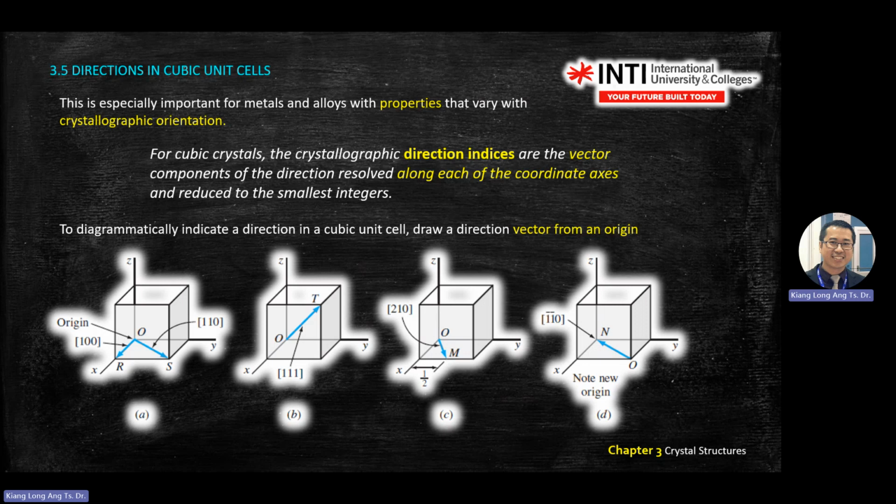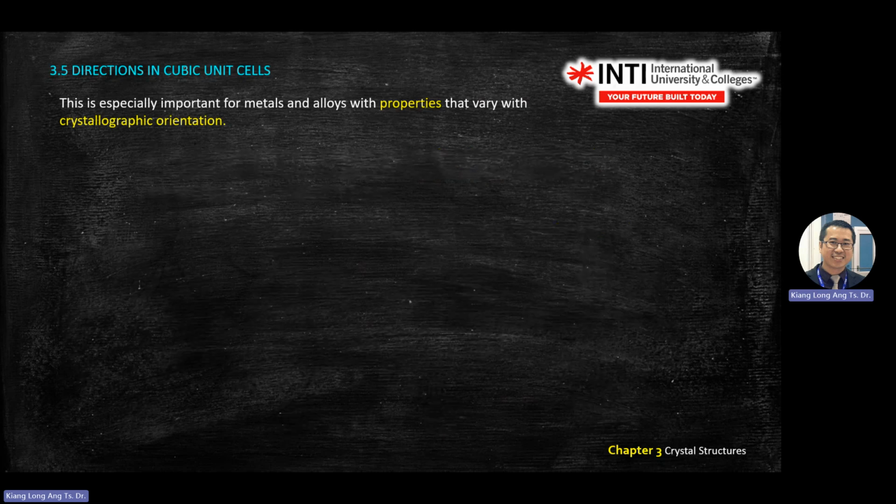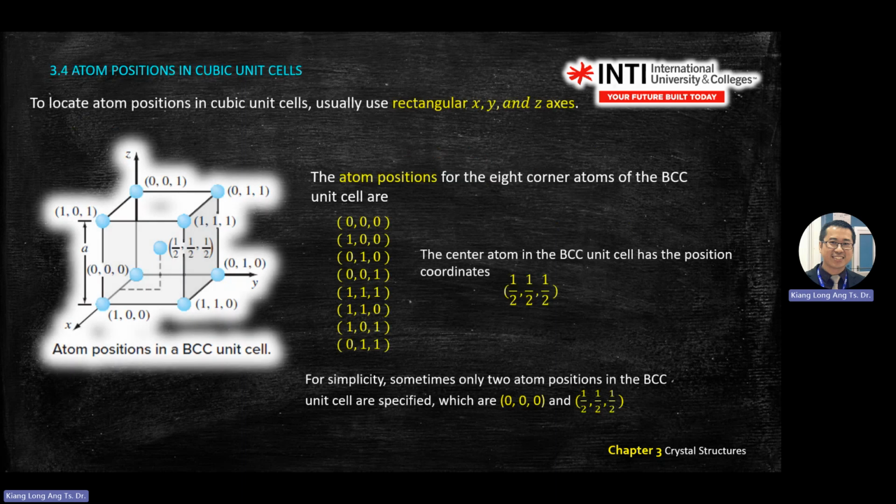Same with this one. Again, in direction, if you want to represent negative, you put a hyphen on top of the numbers. If it's negative, it's a bit different from the coordinate. Coordinate can be negative, you can put negative one.